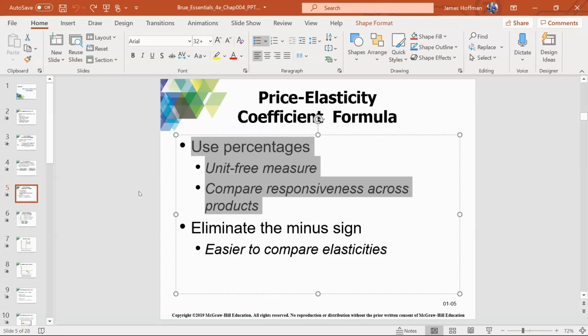But what this does is it puts everything in percent and makes it unit free. Therefore, if something is more elastic than another good, you can use that in comparison, because this eliminates the units and puts everything in percent. Because of that, you can easily make cross-good or cross-service comparisons on how elastic one good is compared to another.